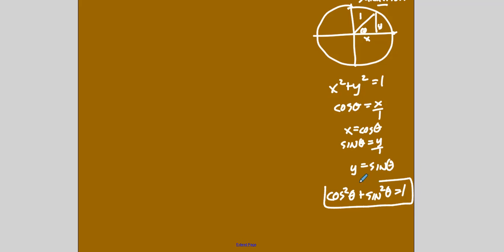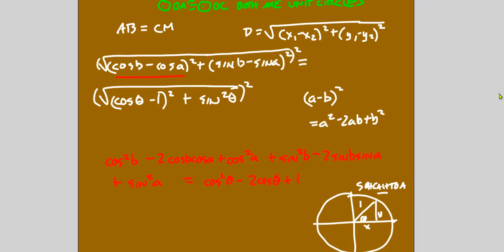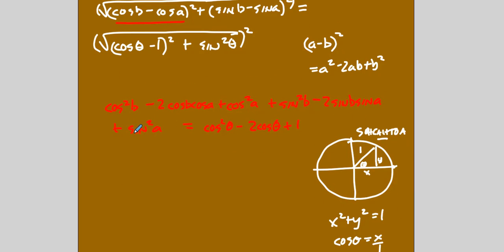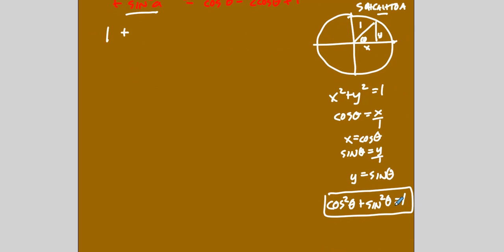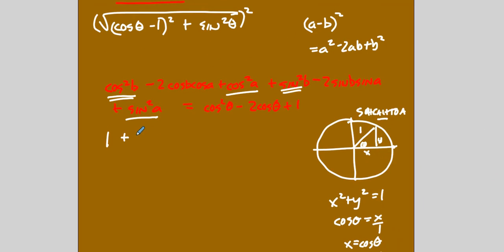And we're going to use that right now, because notice on the left side I have sine squared A and cosine squared A. The sum of those has to be 1, so I have 1 there, plus cosine squared B and sine squared B. That's this trig identity right here, so that's going to be 1.